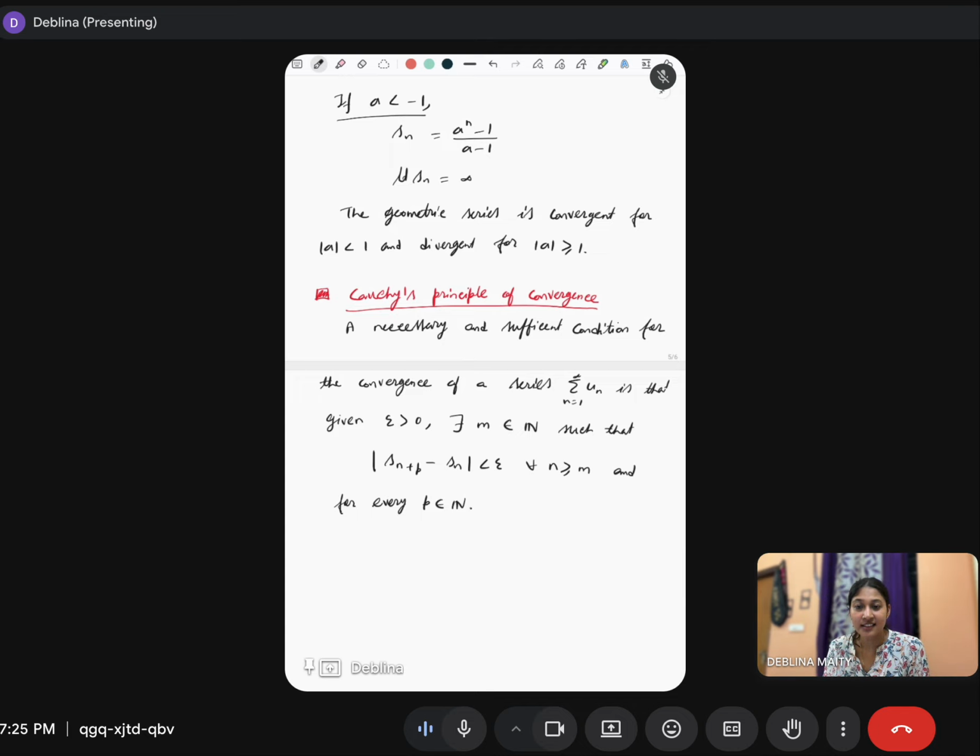And what is this Sn? Sn is the nth partial sum of this series un, right? So the Cauchy principle says that un is convergent if for a given epsilon there exists a natural number m for which this inequality holds, for every p belonging to N and for all natural numbers n greater than or equal to m.